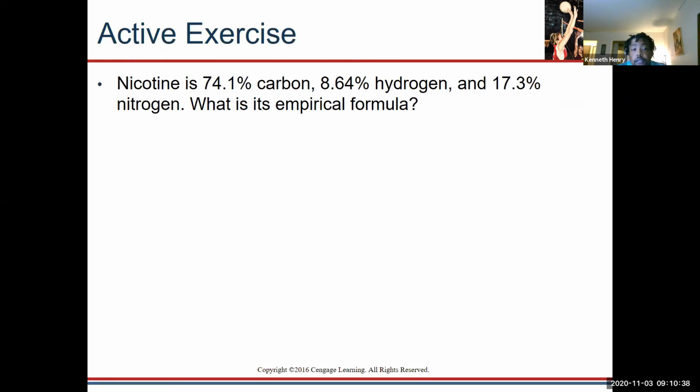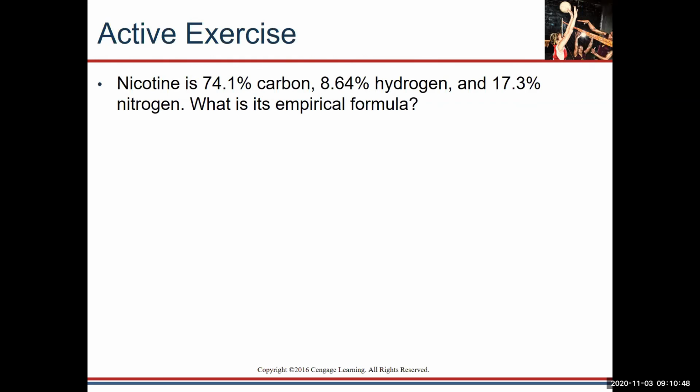Is that correct? All together, it should add up to 100, right? Yes. Okay, I just want to be sure.